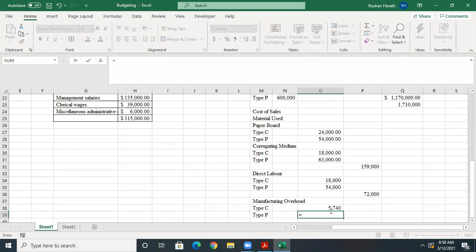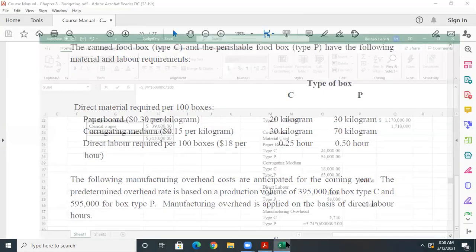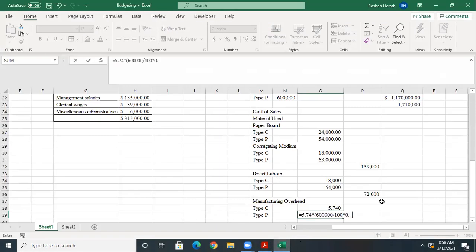Similarly, for type P, the OAR is 5.74, so you multiply by the hours needed to make 600,000 units. You take these 600,000 units and divide by 100, since we produce them in 100 quantities, and for 100 units it takes 0.5.